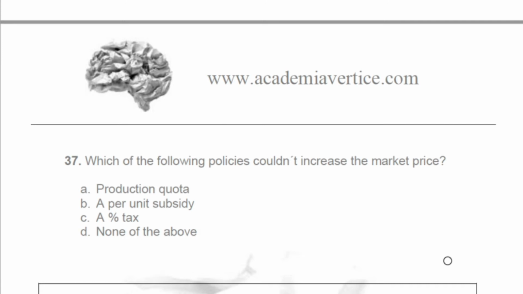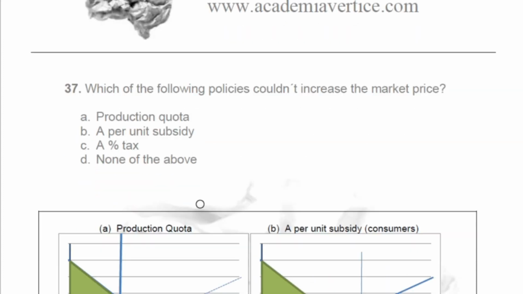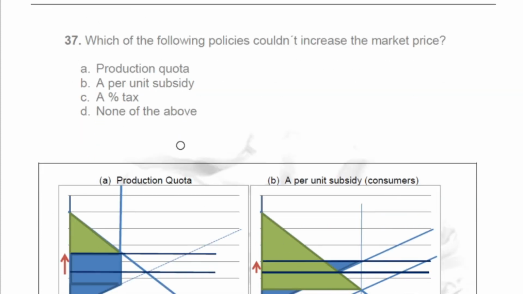37th. Which of the following policies couldn't increase the market price? The production quota increases the market price with a typical decrease in demand. And a per unit subsidy, be careful, it increases the price. Yeah, we have here the production quota. The government says that it can't be consumed more than this quantity, so the price of the good increases.